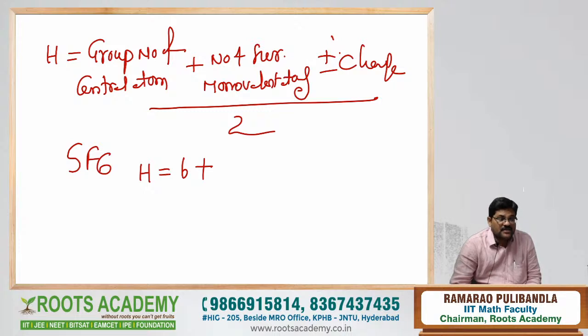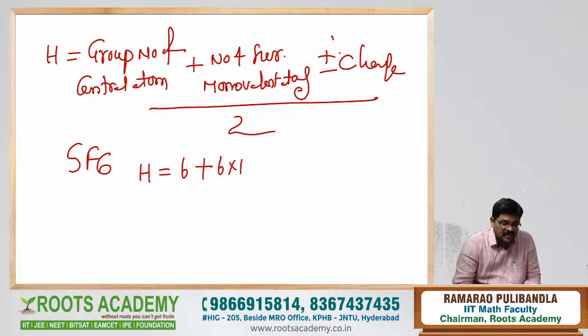And fluorine always forms a monovalent bond, single bond formation, because 6 fluorines are there now. 6 fluorines into 1. Why do you take 1? Because, students, except oxygen, all atoms form single bonds; oxygen is able to form a double bond.